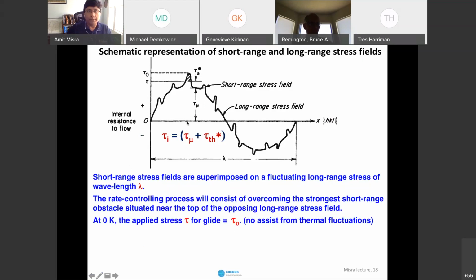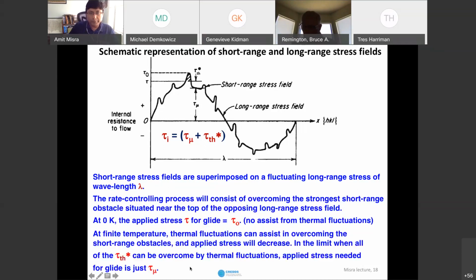So all of this barrier has to be overcome by the mechanical work done by the applied stress. There is no assistance from thermal fluctuations. The rate controlling process, the part that's dependent on the rate, the temperature, is overcoming the strongest short range obstacles that is situated near the top of the opposing long range stress field. So that thing here, the tau star th, that is shown in the schematic.